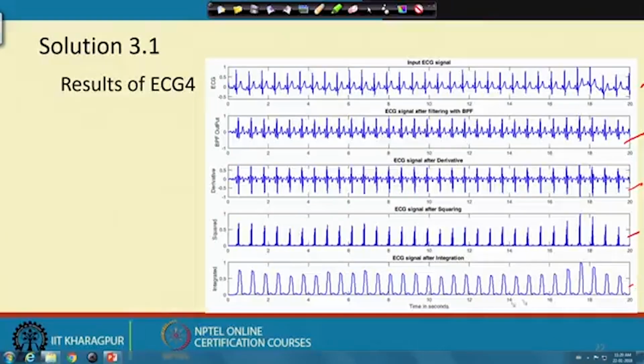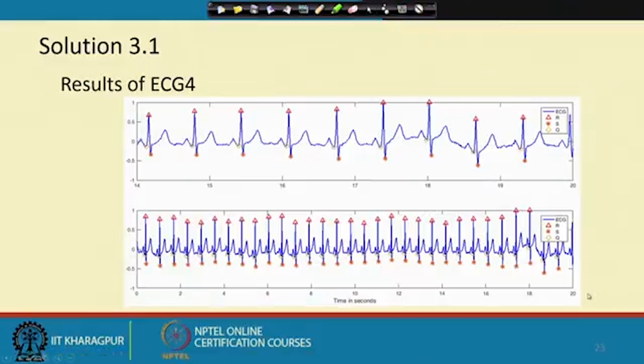Here we see that the pulses are a little higher in some places and much lower in others, so the uniformity is not that much. Let us see how successful it would be after the thresholding. In this case also, it seems the Pan-Tompkins algorithm is able to get all the QRS complexes.